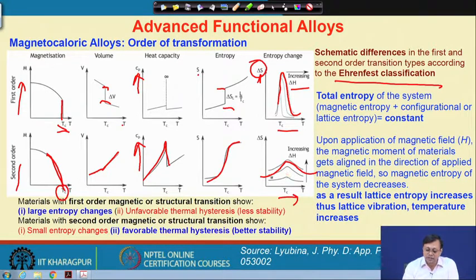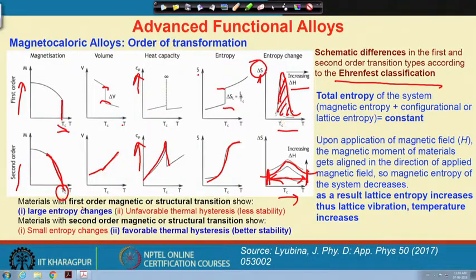Okay. So, in this case we can create a larger delta T adiabatic, whereas for a first order transformation the value of delta S, the area under the curve, is quite high, because T into delta S gives you the net caloric change in the material.